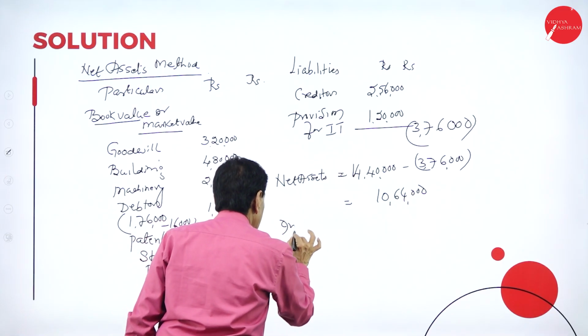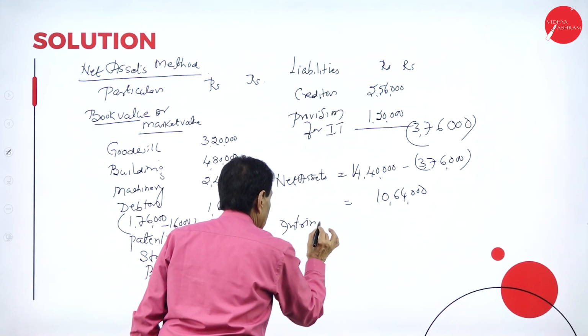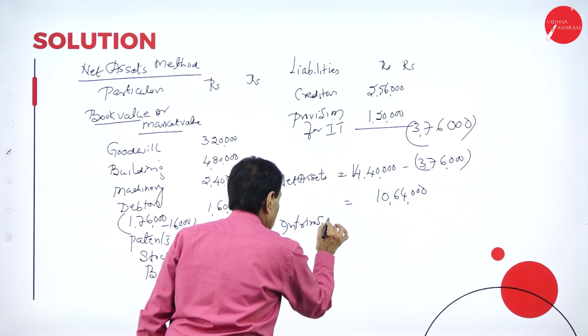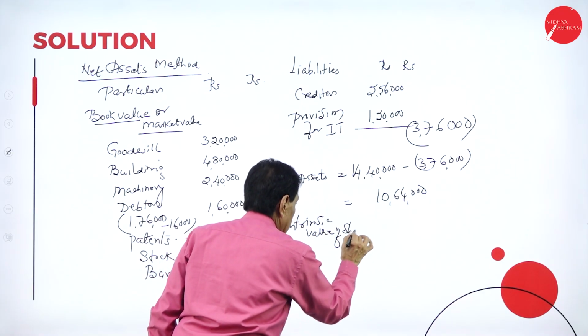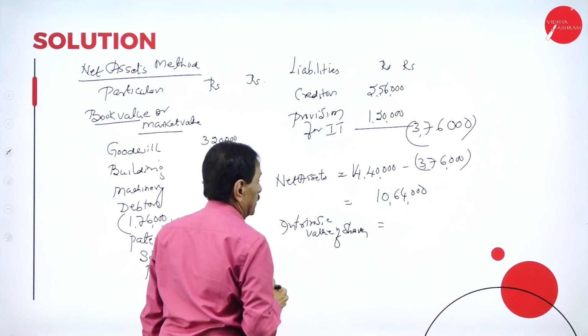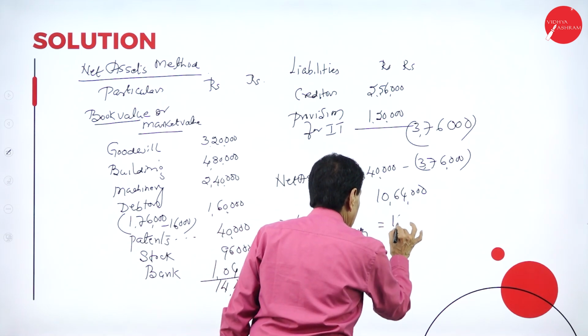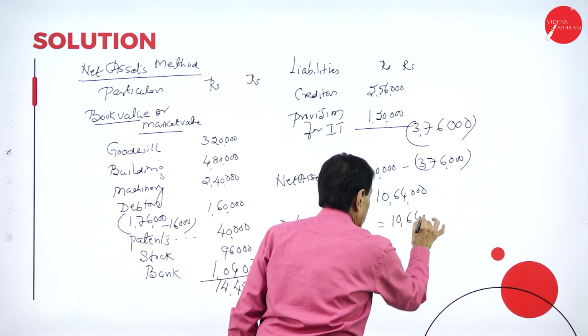Intrinsic value of shares is equal to 10,64,000.